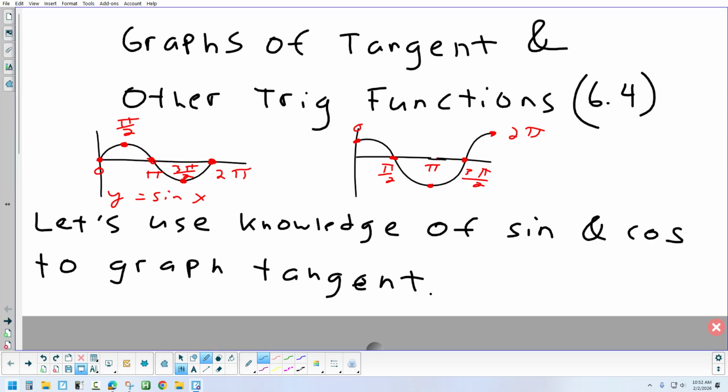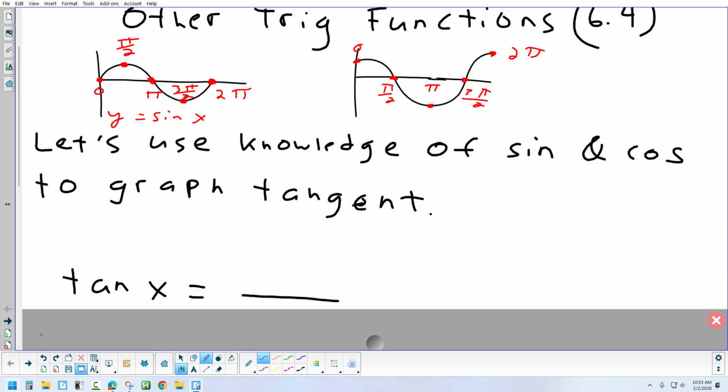Now, what about the highest and the lowest? What's the highest y value in both of these, if you don't stretch it, and the lowest? 1 and -1. Okay, so we're going to use those two graphs to figure out what the graph of tangent looks like.